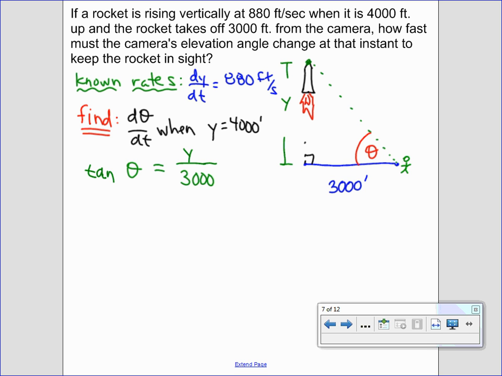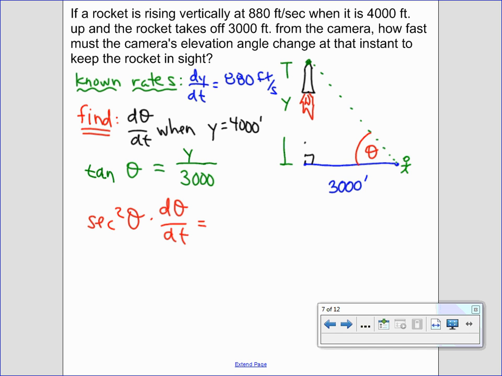Okay, so what's the derivative of tangent of theta with respect to time? Well, I have to use the chain rule. This will be secant squared of theta, the derivative of the trig function with the angle, then times the derivative of the angle. What's the derivative of the angle? d theta dt. Thank you. Good job, because we needed that rate involved. Equals, and then on the right-hand side, I have the derivative of y over 3,000.